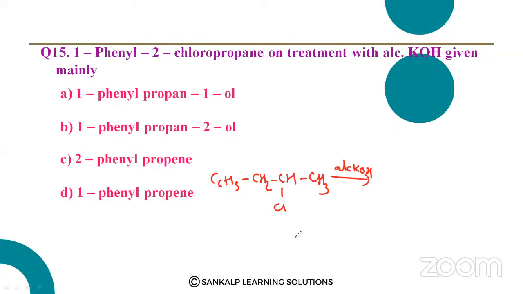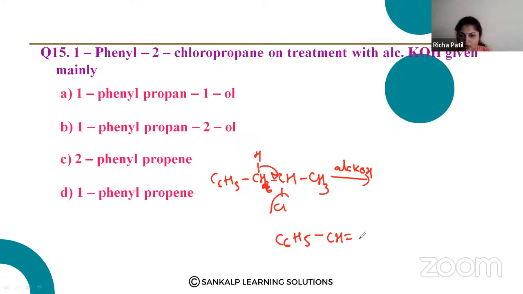One of these will go, so it will be C6H5CH double bond CHCH3. This is 1-phenylpropene. So the answer is D, 1-phenylpropene. Understood?